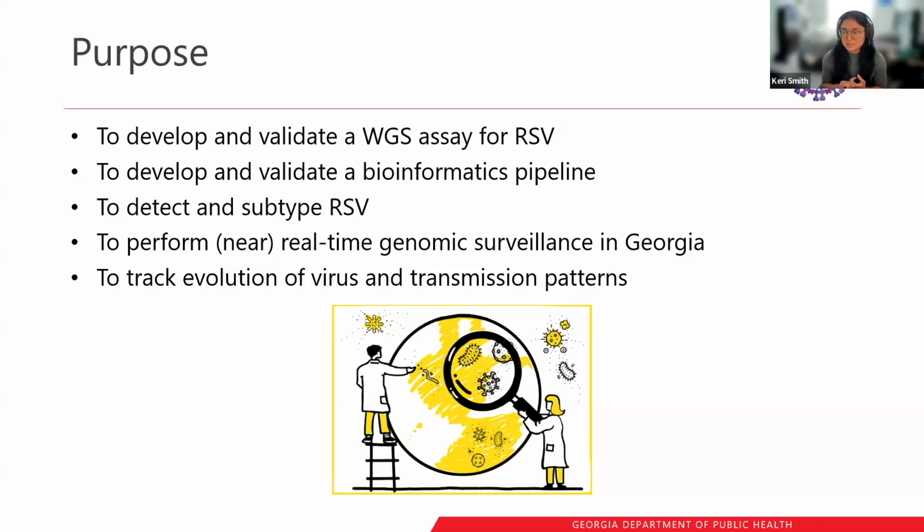We want to be able to detect and subtype RSV confidently. We want to perform near real-time genomic surveillance here in Georgia, as well as track the evolution of the virus and transmission patterns. And this is a very big public health burden, not just in Georgia, but globally.